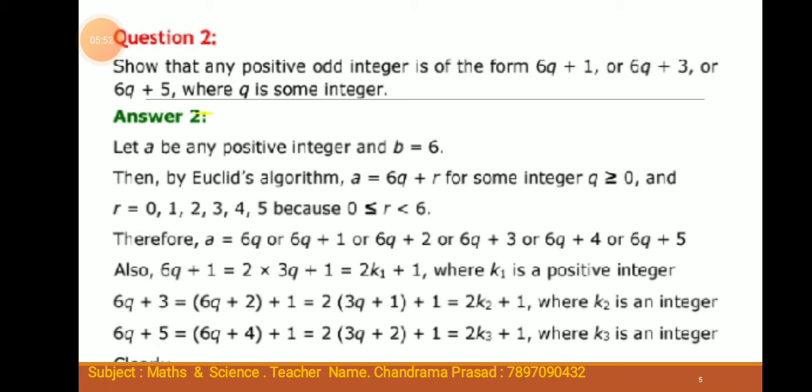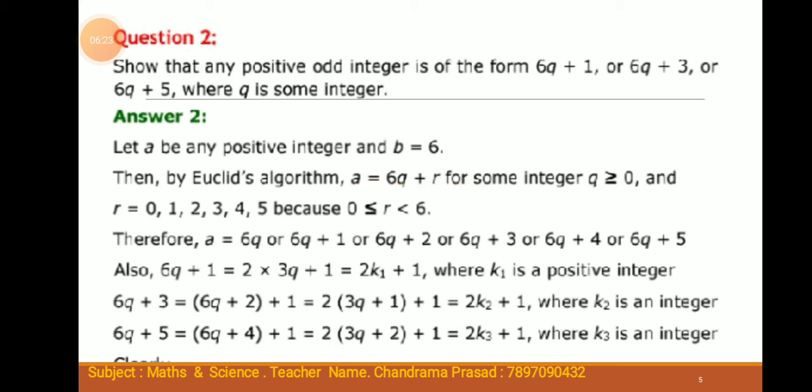Show that any positive odd integer is of the form 6q + 1, or 6q + 3, or 6q + 5, where q is some integer. Solution. Let a be any positive integer and b = 6.